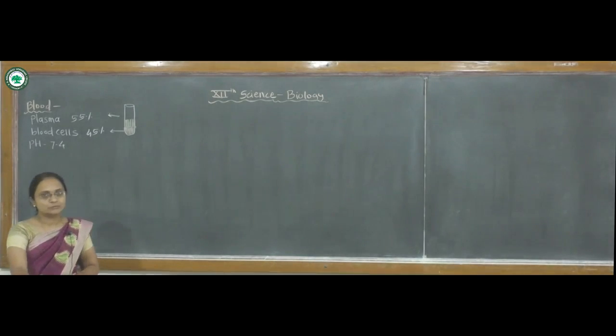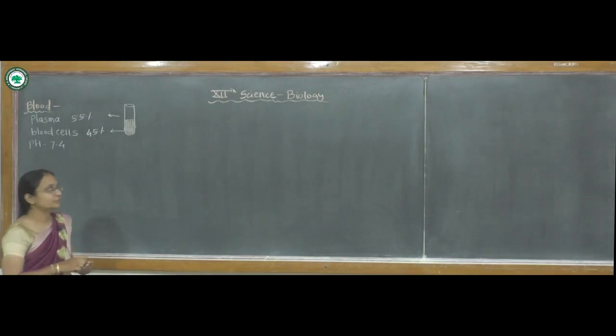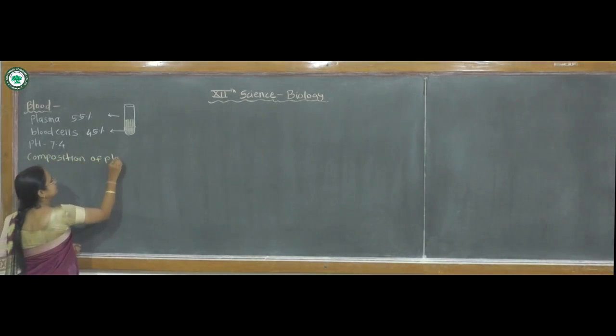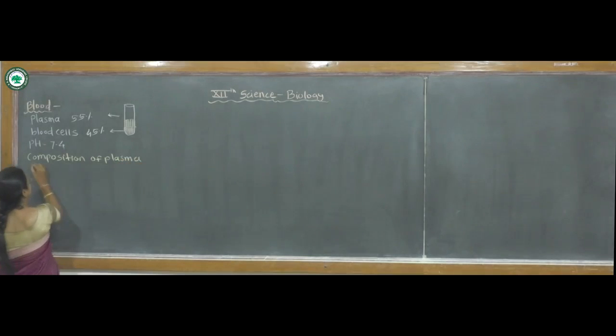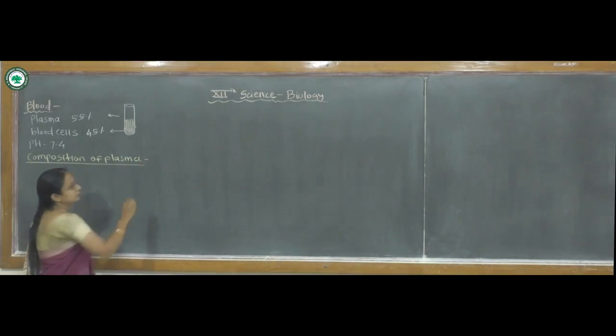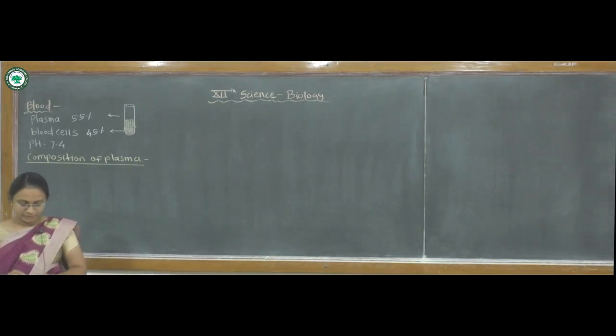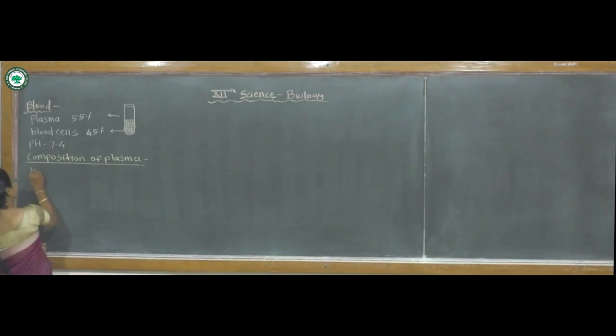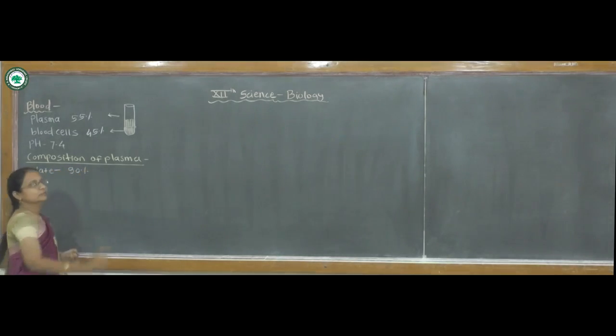Now, what is the composition of plasma? Plasma is made up firstly of water, about 90%.